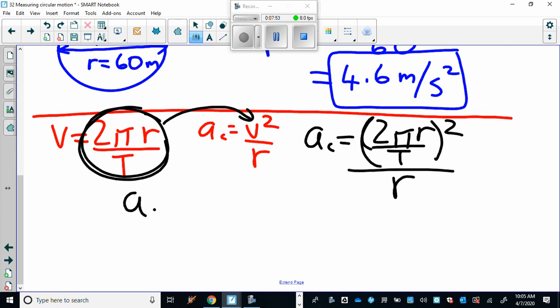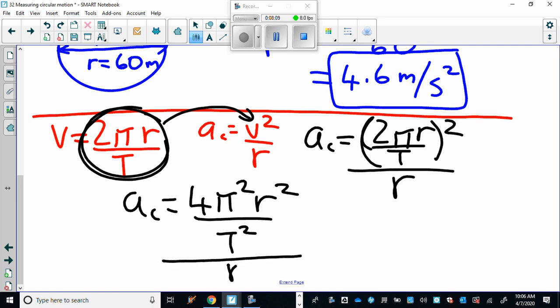Let's do the whole thing so you can see how it works. It's going to be 4 pi squared r squared over T squared, all over r, which is then 4 pi squared r squared over T squared times the reciprocal, right? Remember when you're dividing fractions, you multiply by the reciprocal. And that cancels that r with that r, and you end up with this.